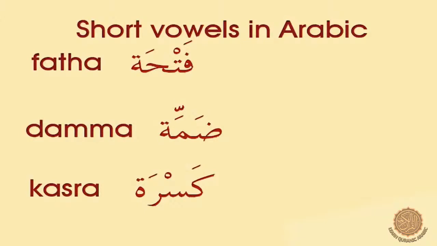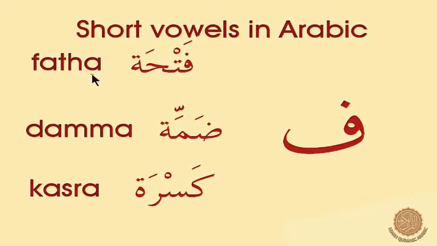So let's first of all just understand how they're written. In front of us we have the letter tha, and when we add vowels in Arabic, it's different to English. We don't add them after the letter. We add it on top of the letter.